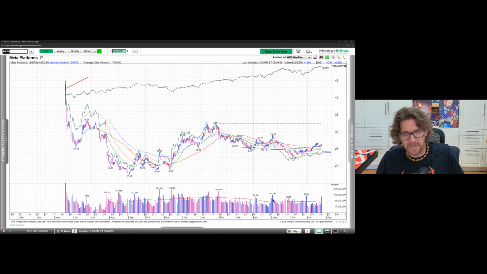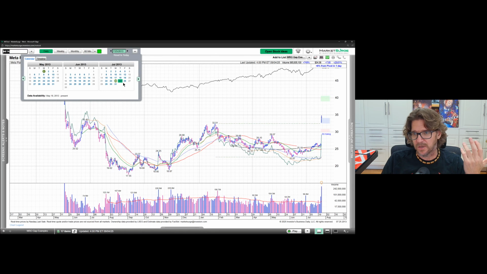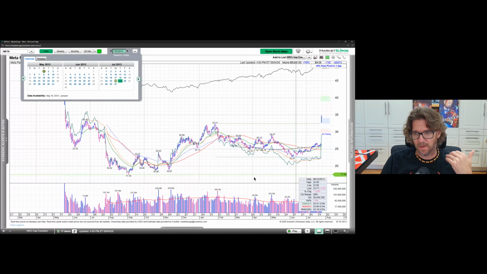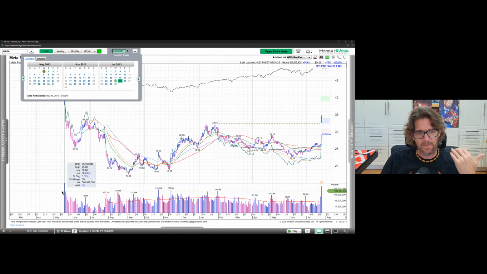And this thing was a dog over here until you had this game changer of a day on July 25th, this big gap up. When you have a big gap up with an institutional stock like this, I mean, look at that, up 29% on all of that volume. I mean, volume is dirty, but that is a massive amount of volume, the highest level it's had, besides this IPO.